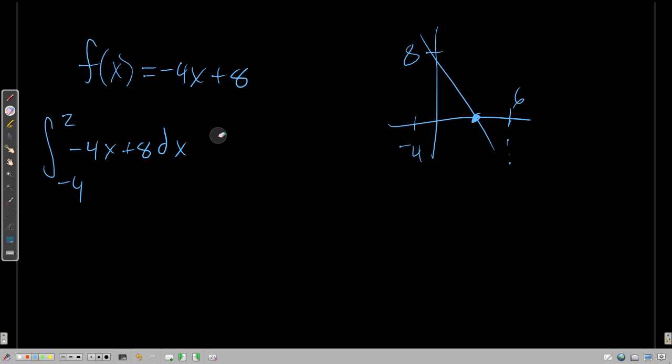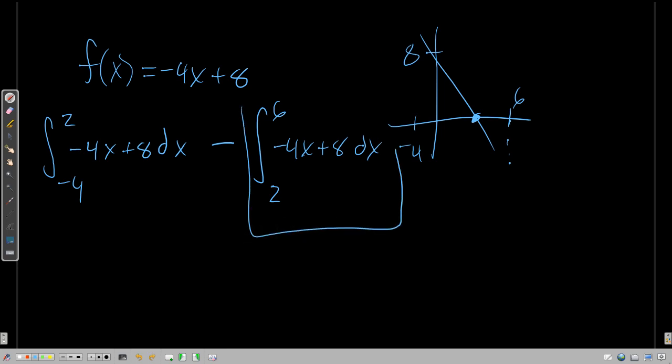And then I want to add to that the integral from 2 to 6. There I've added that positive. So this is a negative number, and then I'm subtracting that negative, so I'm really just adding something, right?